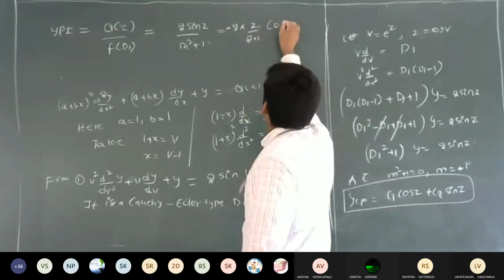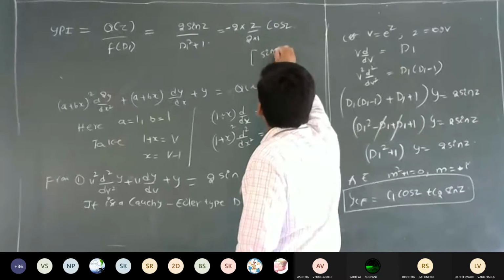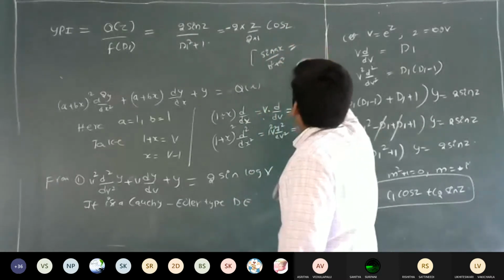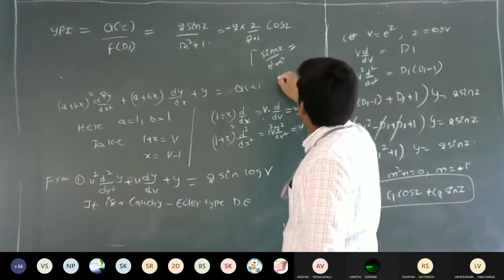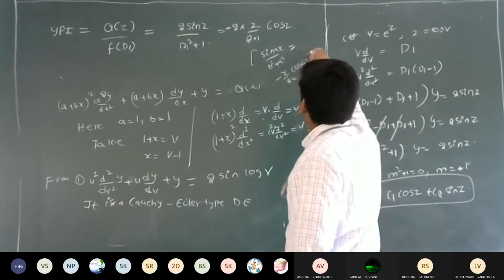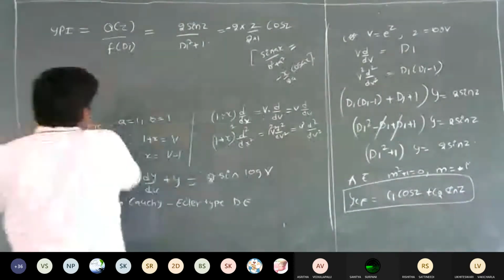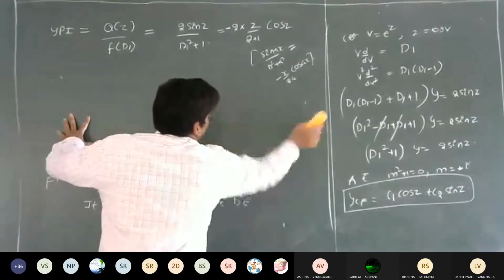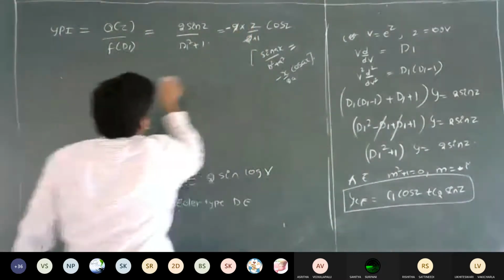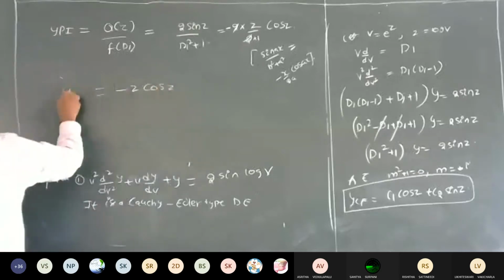Here the formula is sin ax by (D square plus a square) is equal to minus x by 2a into cos ax. Here a is 1, so 2a means 2. Since it is a failure case, the 2 gets cancelled. This is equal to minus z into cos z. So this is the particular integral.